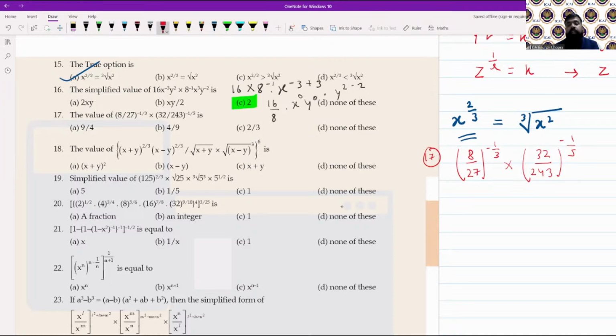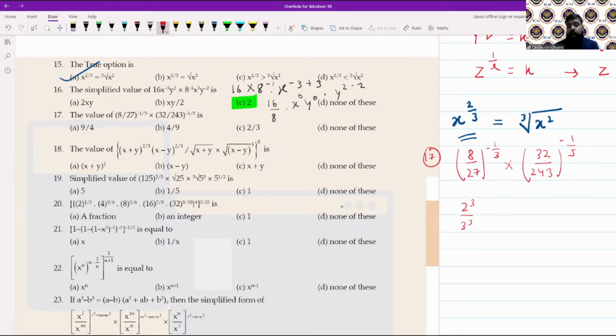Now we have to simplify this and get the result. So first of all, we can take the powers. 8 can be written as 2 cube and 27 can be written as 3 cube.